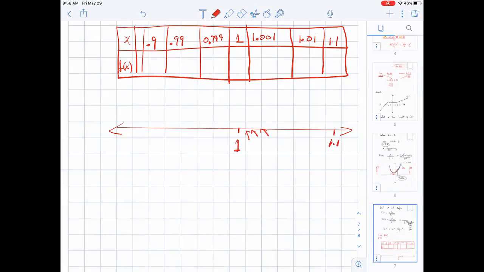I want values very, very close to 1, so close you can feel it breathing on you. It has to be past 1, right? 1.0001. That's where I'm getting that value from.